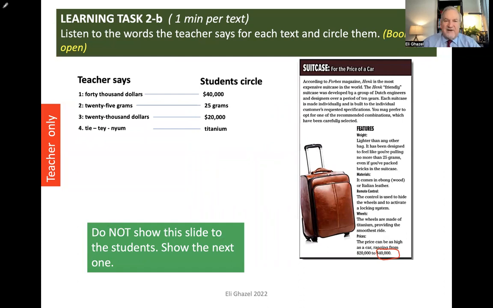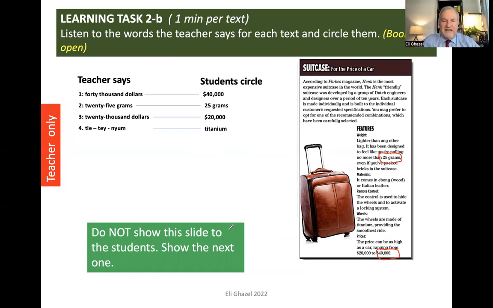Now, remember, we're saying 1 minute per text. You can go like 2 minutes, but the idea is not to read through, but to look for these. Number 2, you say 25 grams. And you see that the students are circling 25 grams. Remember, the students are not supposed to say or raise their hands and say, teacher, I found it.